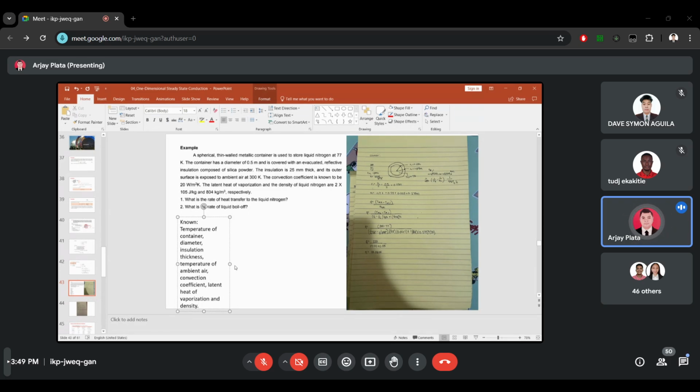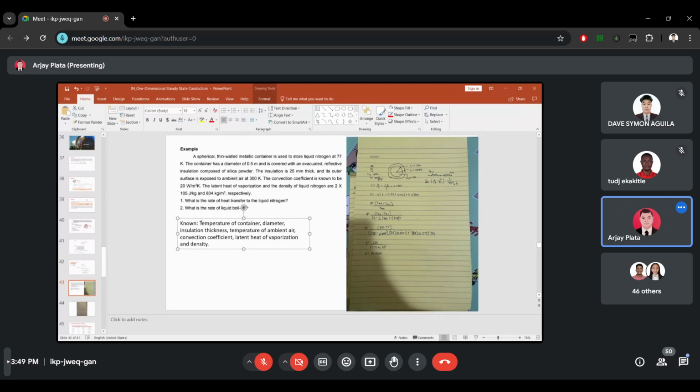So what is to find or what is required? Rate of heat transfer to the liquid nitrogen and rate of liquid boil off.